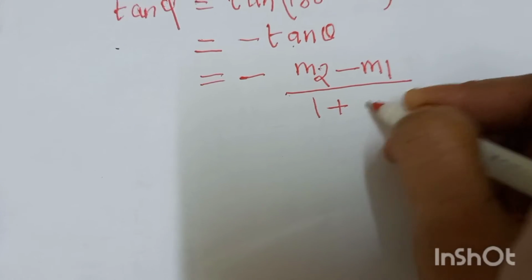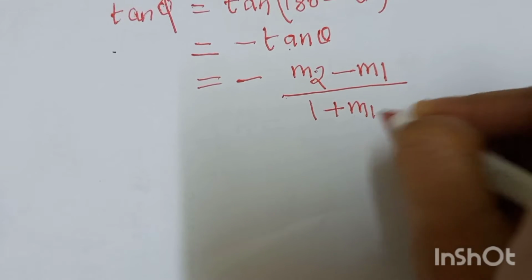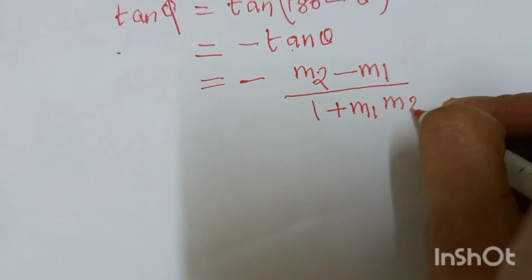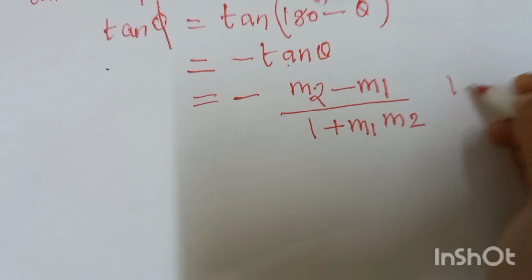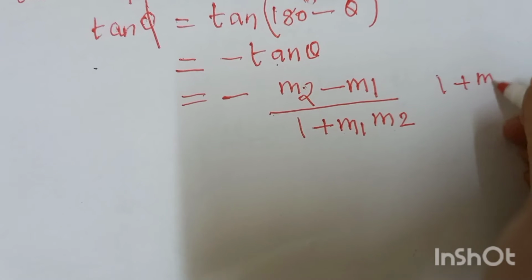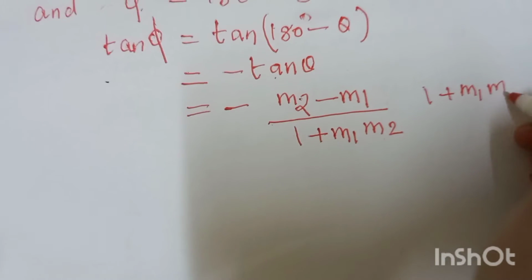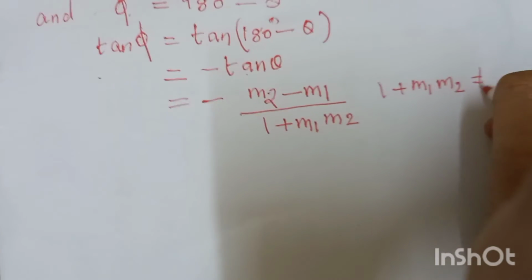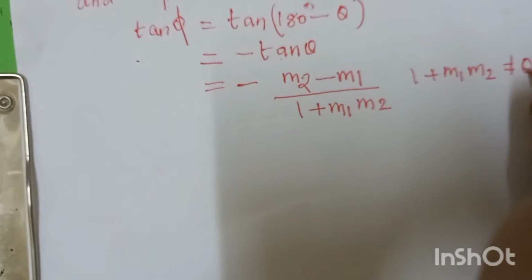What is the condition? 1 plus m1 m2 not equal to 0.